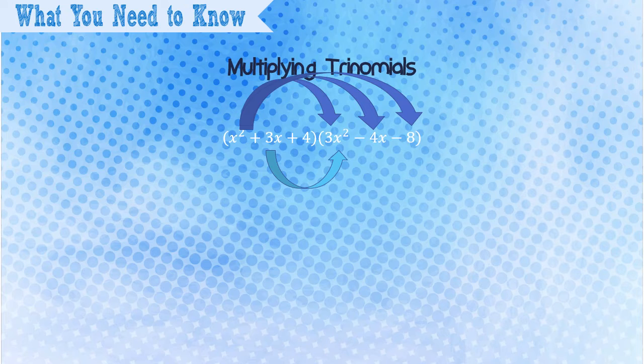So then I'd multiply the 3x by the first term, the second term, and the third term of the second trinomial. Once you finish with the second term, you'd move on to the third term, the 4, and you'd multiply the 4 by the first, the second, and the third of the second trinomial. Once you've completed all of those steps, you would then add your like terms to simplify.